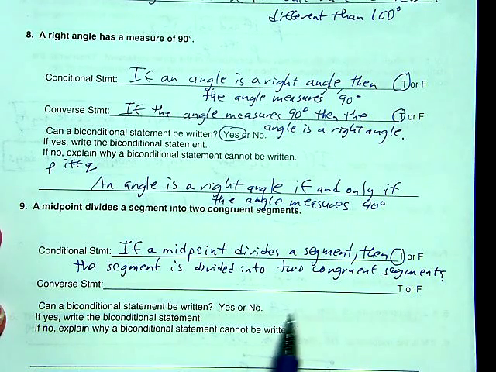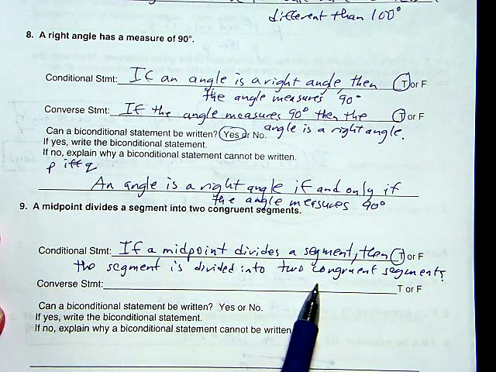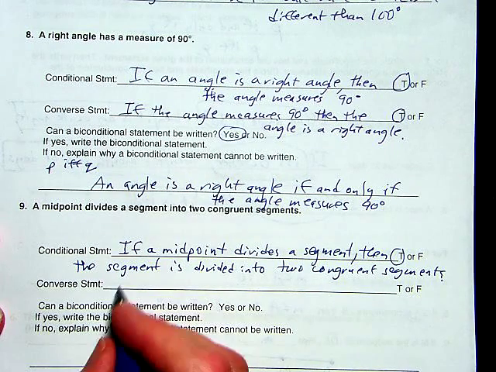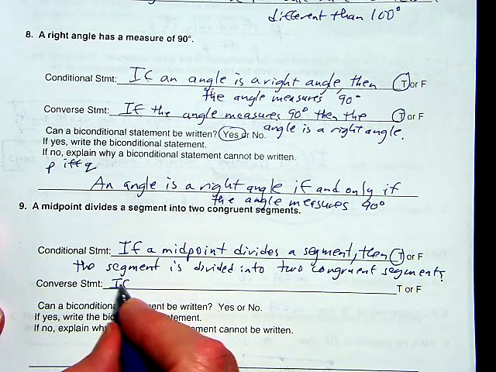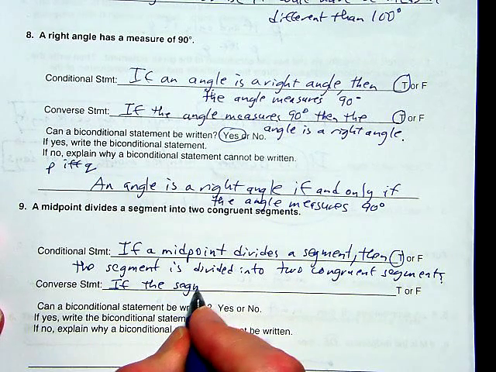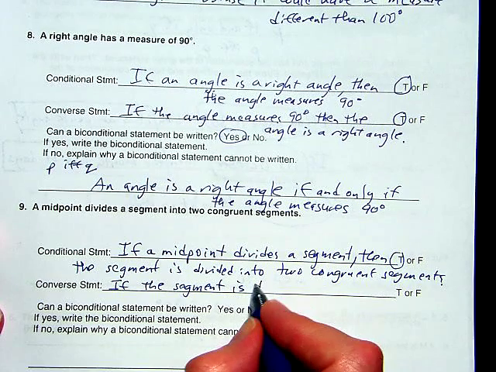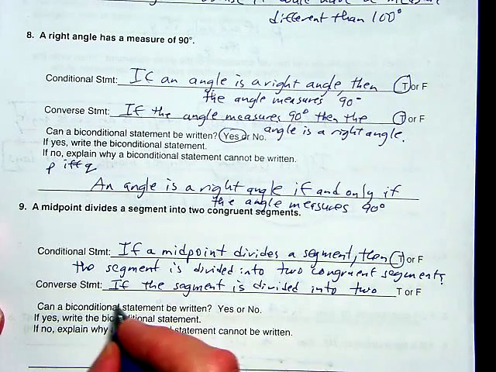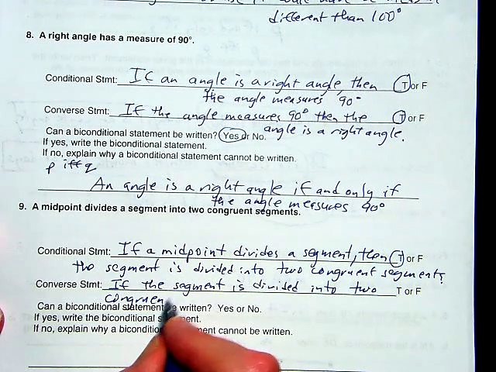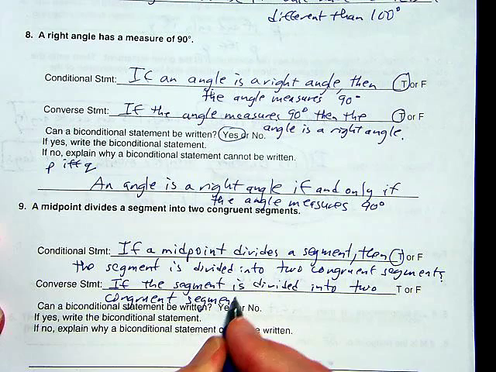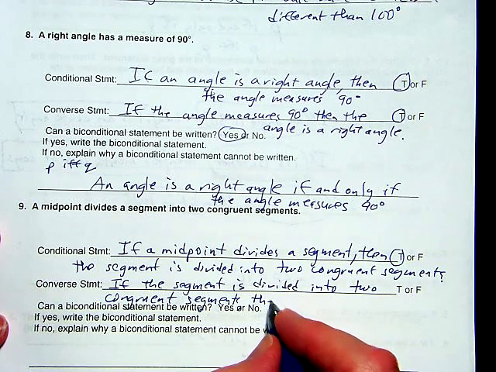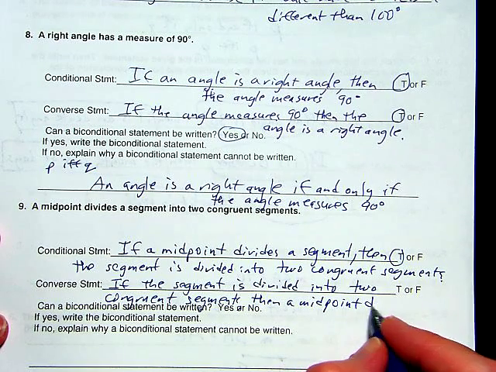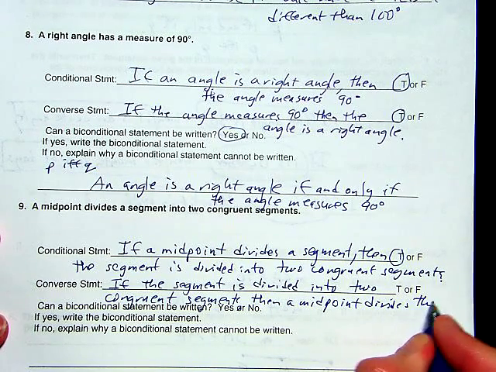And the converse now would be, if the segment is divided into two congruent segments, then a midpoint divides the segment. Let's write that down. So if the segment is divided into two congruent segments, then a midpoint divides the segment.